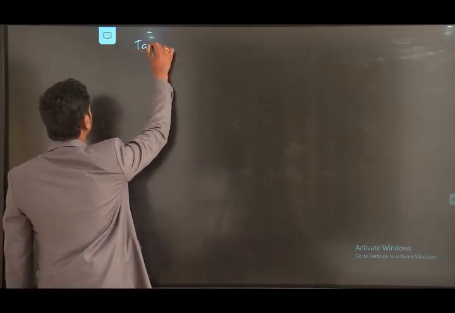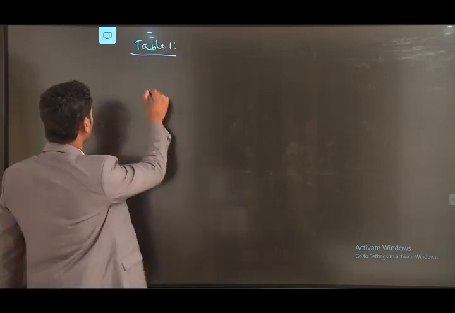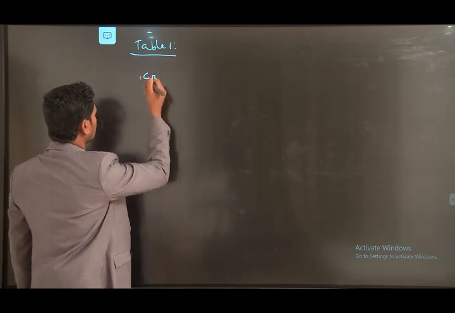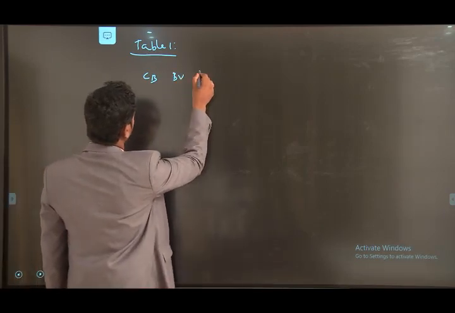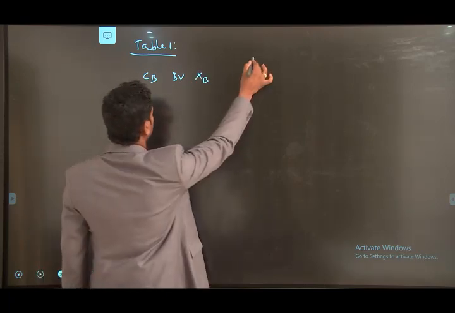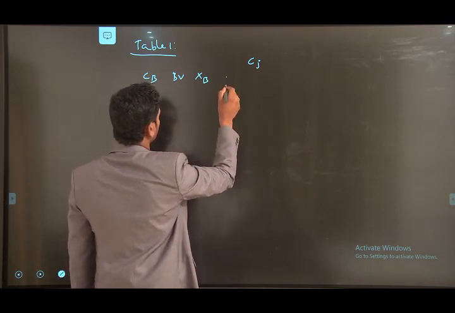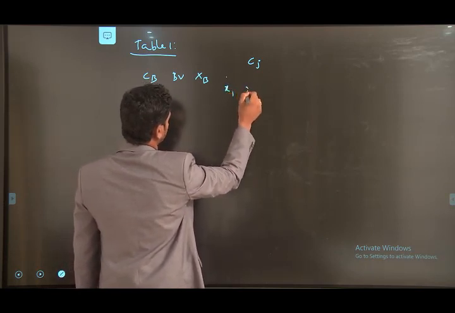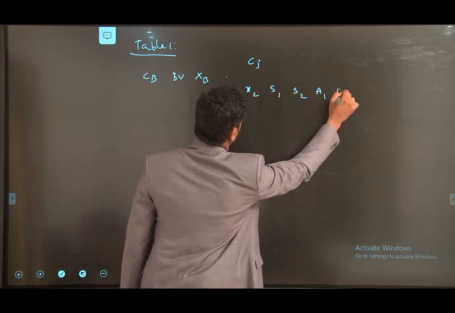Here we have to develop the solution table. What is the rule of the solution table? First we have to take the coefficient of the basic variable, then the basic variables, then the solution value of the basic variable, then Cj. Here, what are the Cj values? Here we have 6 variables: x1, x2, s1, s2, a1, a2.